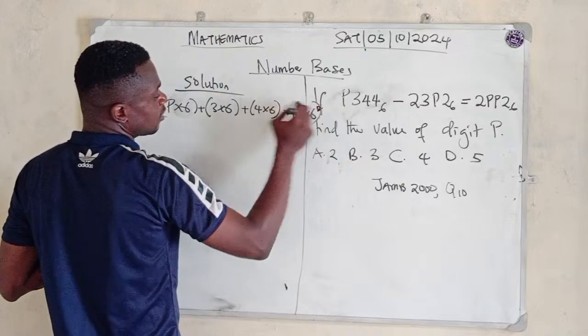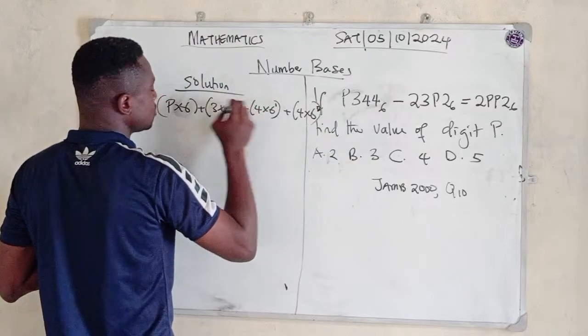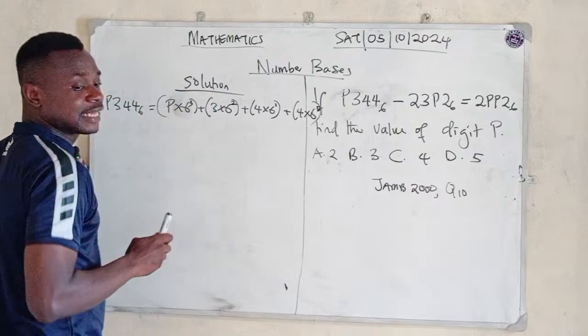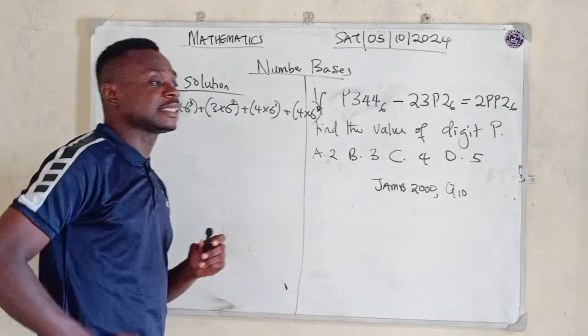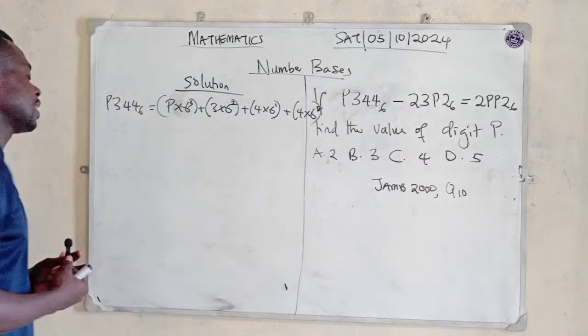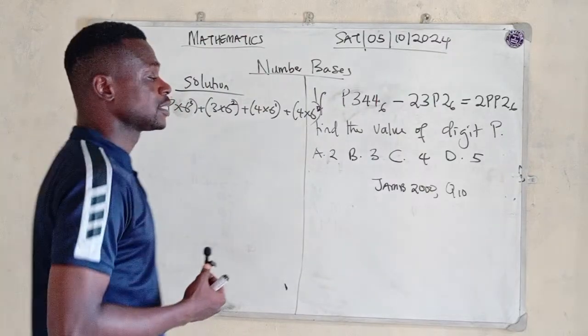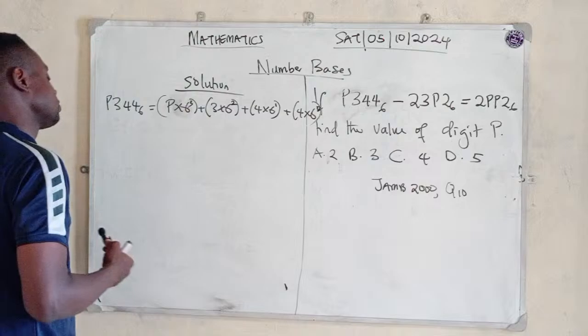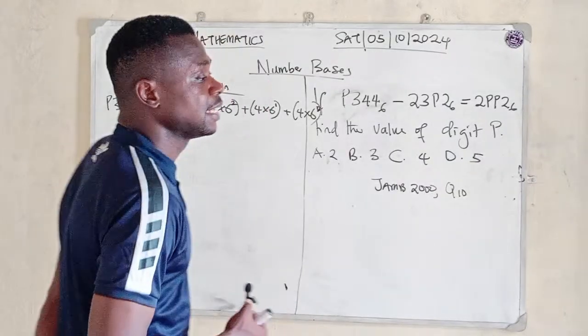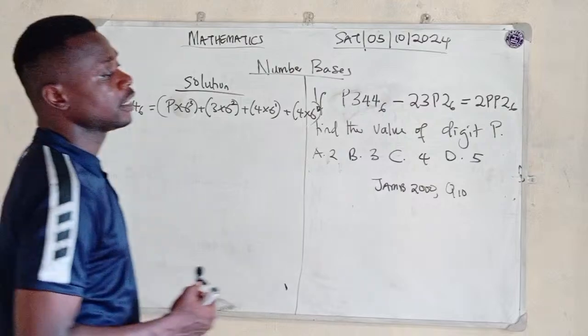Base value is 0. Here is 1. Here is 2. Here is 3. 6 raised to power 3. 6 times 6 is 36. 36 times 6, what is it? 36 times 3 is 108.